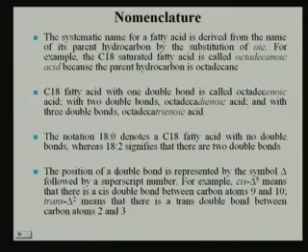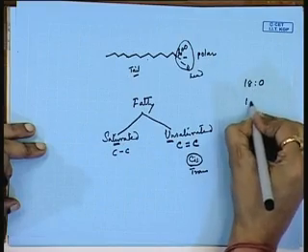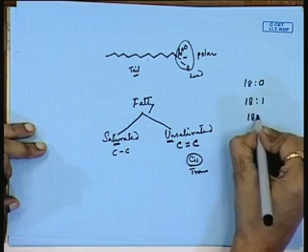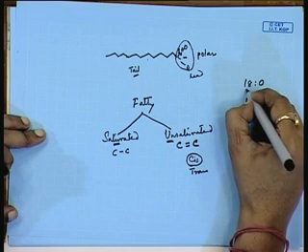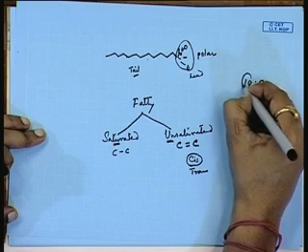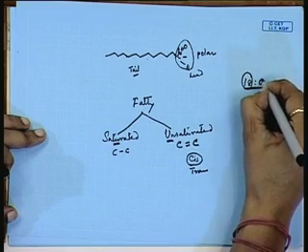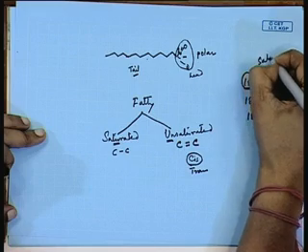Now sometimes we are getting some symbol like 18:0. Sometimes we are getting 18:1. Sometimes it is 18:2. What does it mean? It means that fatty acid is having 18 carbon atoms and it has no double bond. That means it is a saturated fatty acid.